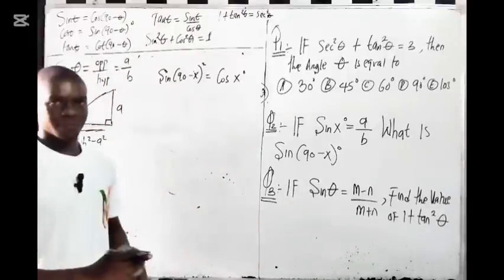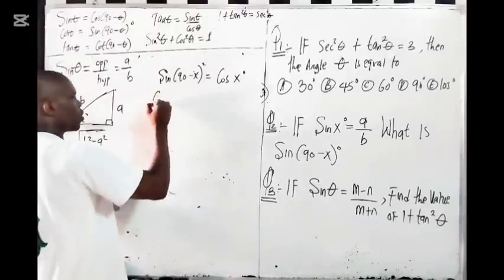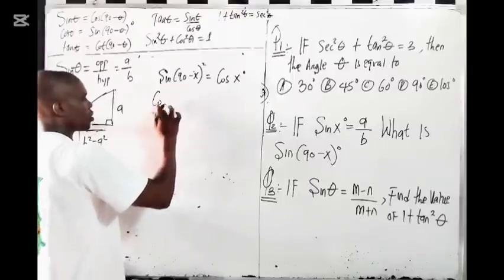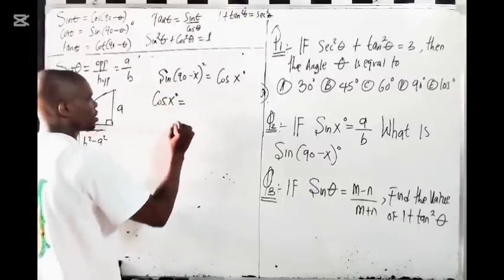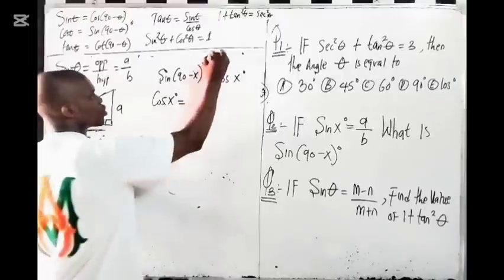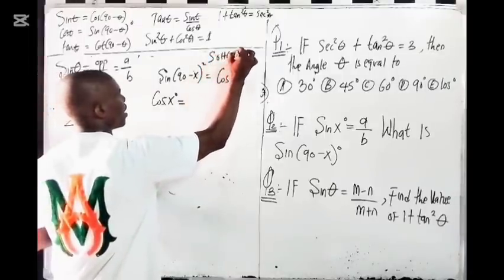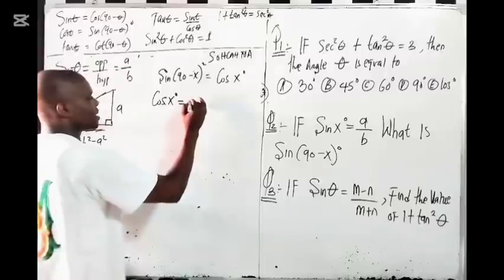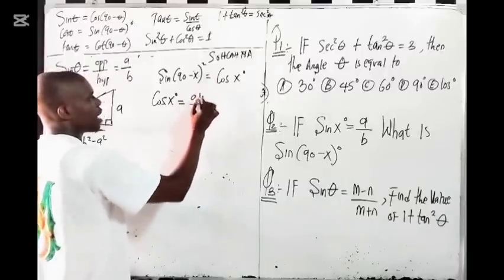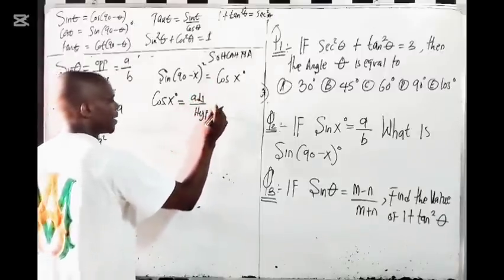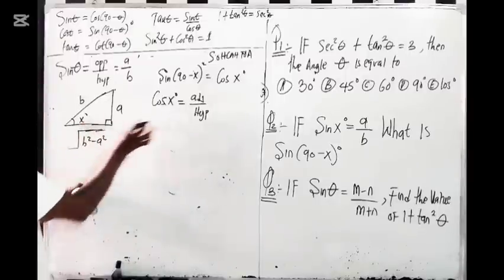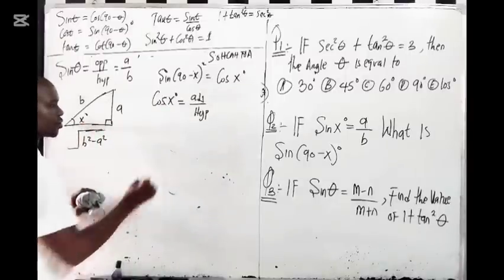And what is cos S degree? From SOHCAHTOA, it is adjacent over hypotenuse.